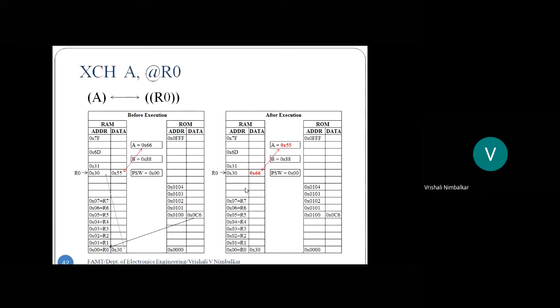In that case, you can use exchange. I am just saying one of the applications. There are many. When we do programming, we will understand, right? But this is the way I can store the result from the accumulator in memory. Okay, there is MOV also. I can write MOV 0x30, A. This is also for storing. Okay, so that was byte exchange.